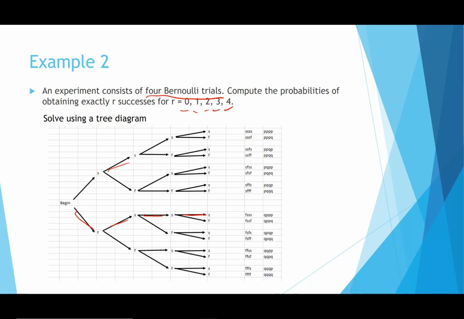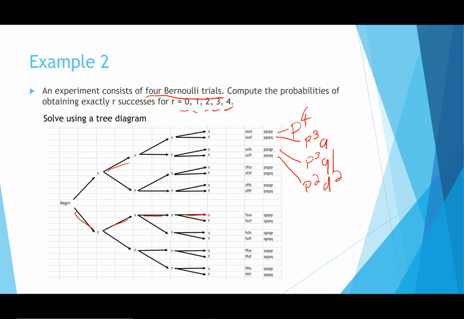Okay. Now, the big thing I want to point out is what the similarities are between all of these P and Qs. All right. So this is all 4 successes, all 4 P, so this is P to the 4th power. This one has 3 P's and 1 Q. That's 3 successes, so P to the 3rd power, and then 1 Q. This one here, notice it's also got 3 successes and 1 failure, so it is also P to the 3rd power, and then Q. And that one down there is 2 P's, 2 Q's, so P to the 2nd, Q to the 2nd.